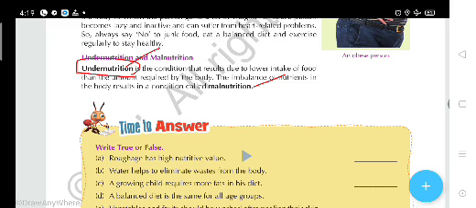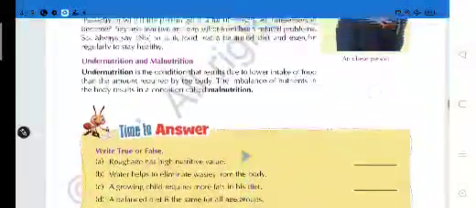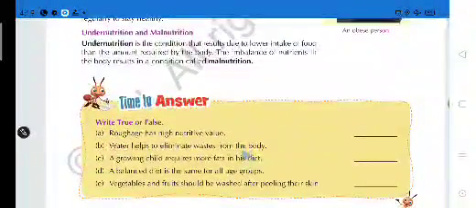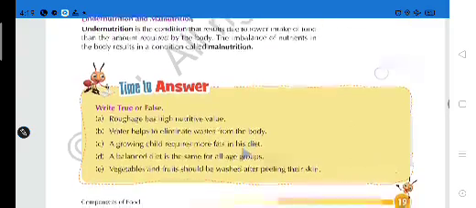And the second type, malnutrition, means an imbalance of nutrition in the body. Students, if you are eating any food that lacks proper nutrients, due to that condition you can suffer from malnutrition.